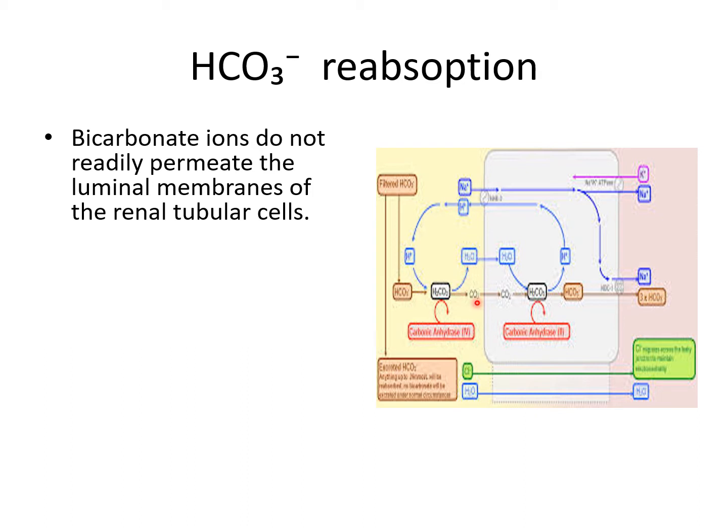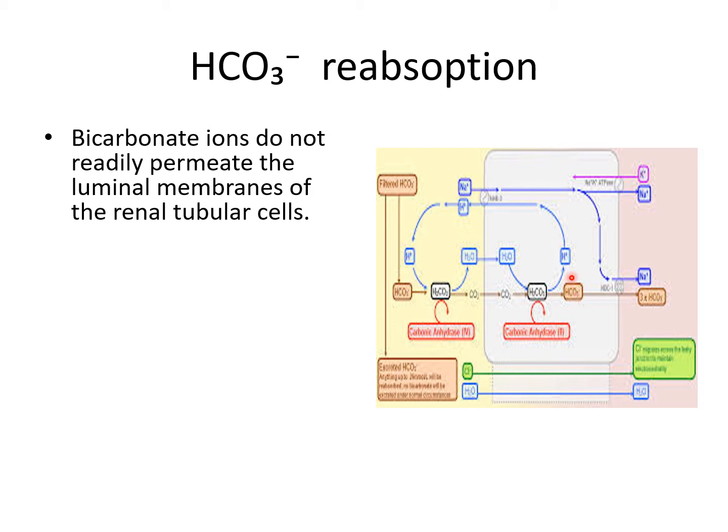Now CO2 is a gas and it is lipid soluble, so the CO2 can easily go through the tubular membrane and enter inside the tubular cells. Inside the tubular cells, the carbon dioxide binds with H2O and again forms H2CO3. And this H2CO3, in the presence of carbonic anhydrase enzyme, again dissociates into H plus and HCO3 minus.